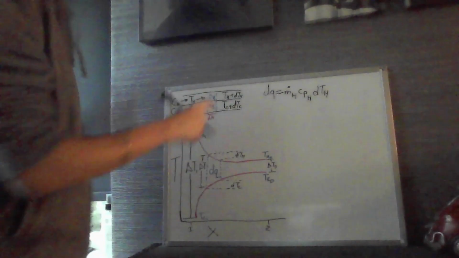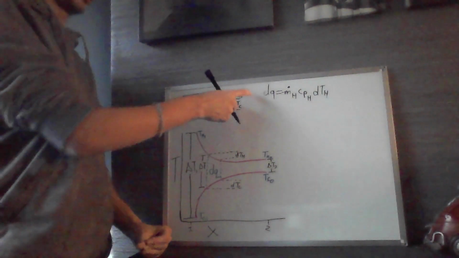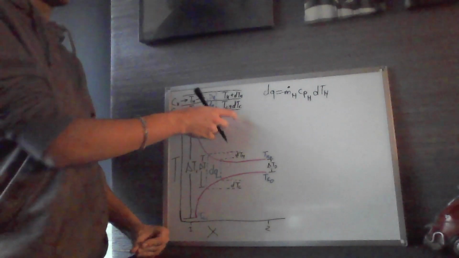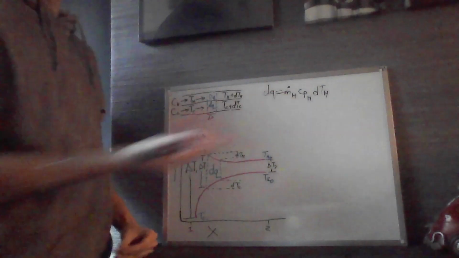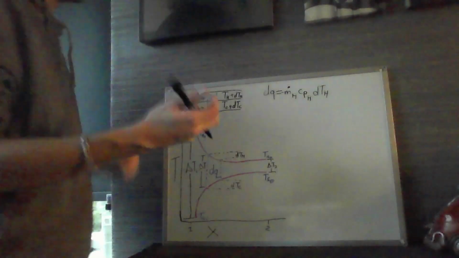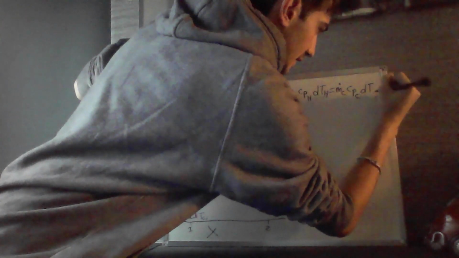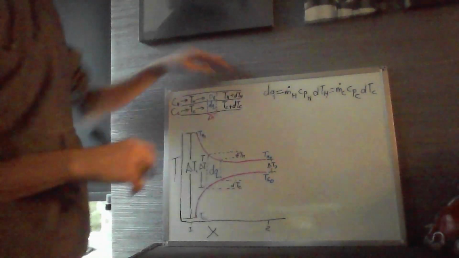As you can see, that is what comes out of both of these. This one is negative, of course, and this one is positive, hence the negative sign in the hot one. And then for the cold one, it will look pretty much the same, but positive, and of course it's the specific heat capacity for the cold, and then dTC, right?